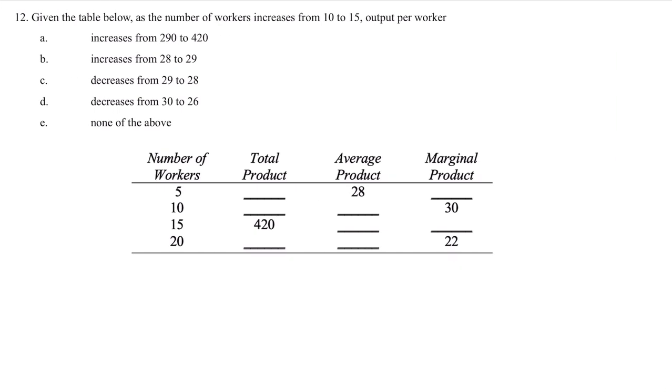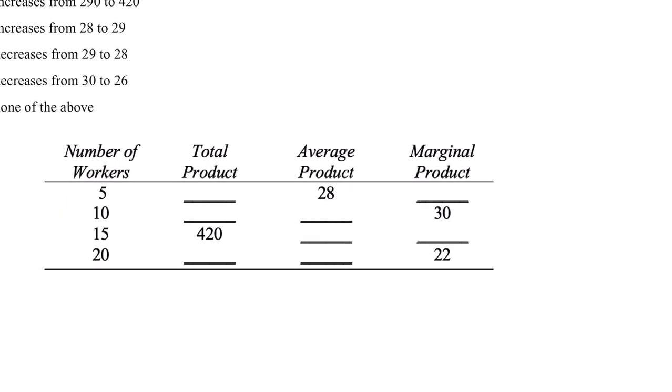Given the table below, as the number of workers increases from 10 to 15, output per worker does blank. So our average product is 28, and we have 5 workers. So 5 times 28 is going to give us 140.